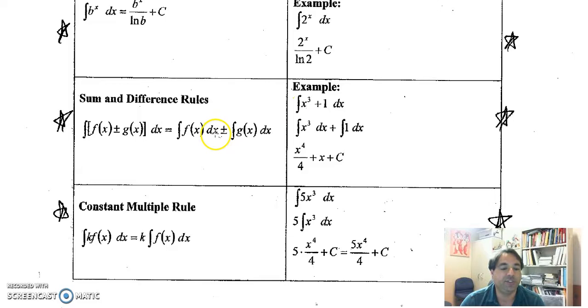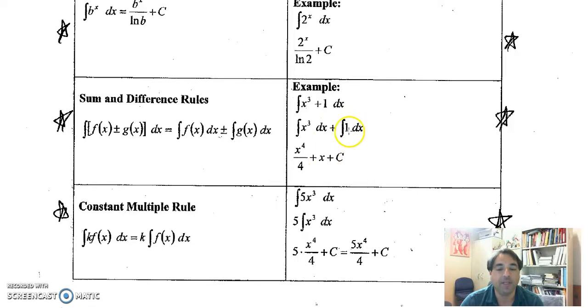Now, the last two just remind you that if I had two things that are being added or subtracted, you would take the integral of each one. So if I had the integral of x cubed plus 1 with respect to x, I would take the integral of x cubed with respect to x plus the integral of 1 with respect to x. In the integral of x cubed, you add 1, which would be 4, divide by it, plus the integral of 1 would be 1x.